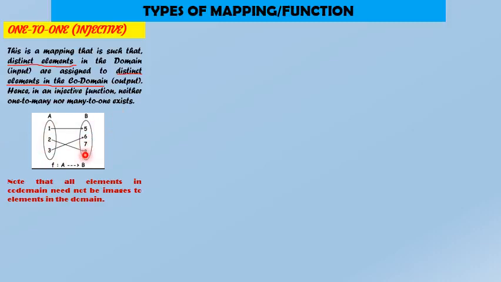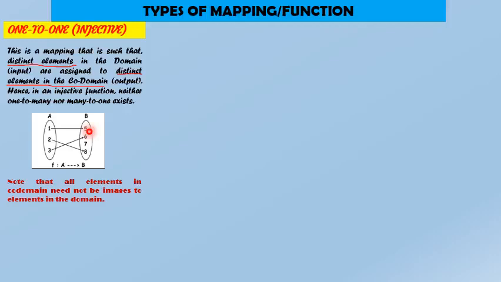A one-to-one or injective mapping. So it simply means this 7, even though it's not associated with any element in what? In A, then it doesn't mean this whole mapping is not one-to-one. It is still one-to-one. What we watch out for is each element in the inputs should associate with one and only one element in the outputs.